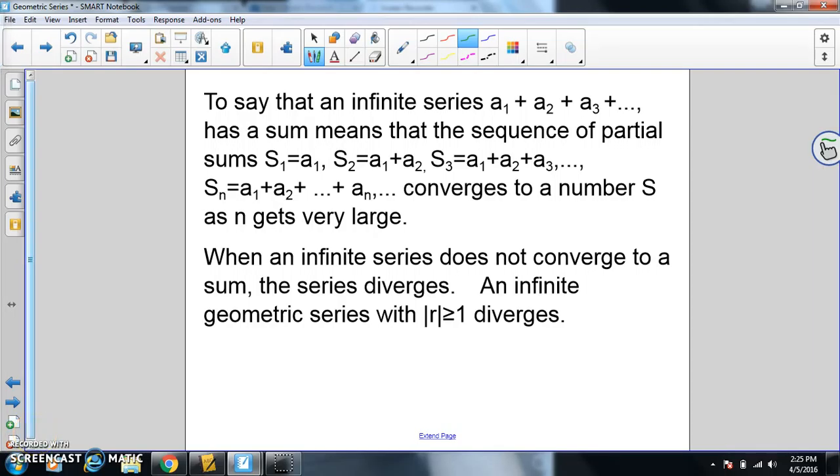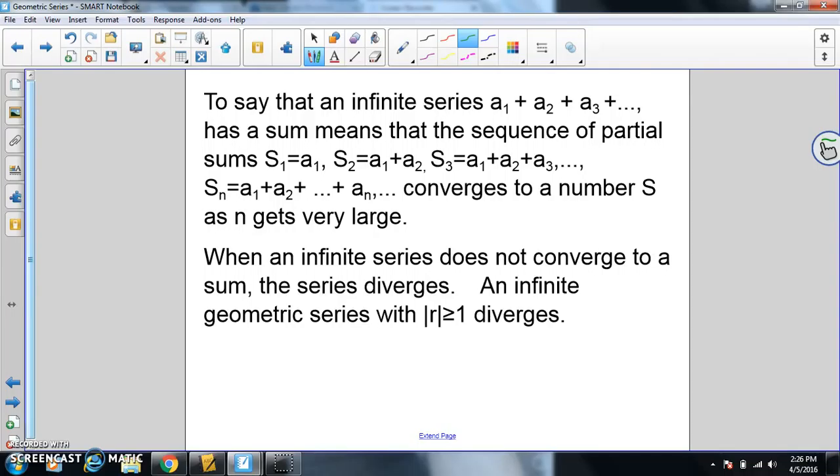To say that an infinite series a sub 1 plus a sub 2 plus a sub 3 and so on has a sum means that the sequence of partial sums, so if we have sum 1 is equal to term 1, sum 2 is equal to term 1 plus term 2, sum 3 is equal to term 1 plus term 2 plus term 3, and so on until we get to sum n is equal to term 1 plus term 2 all the way to term n, converges to a number s as n gets very large.